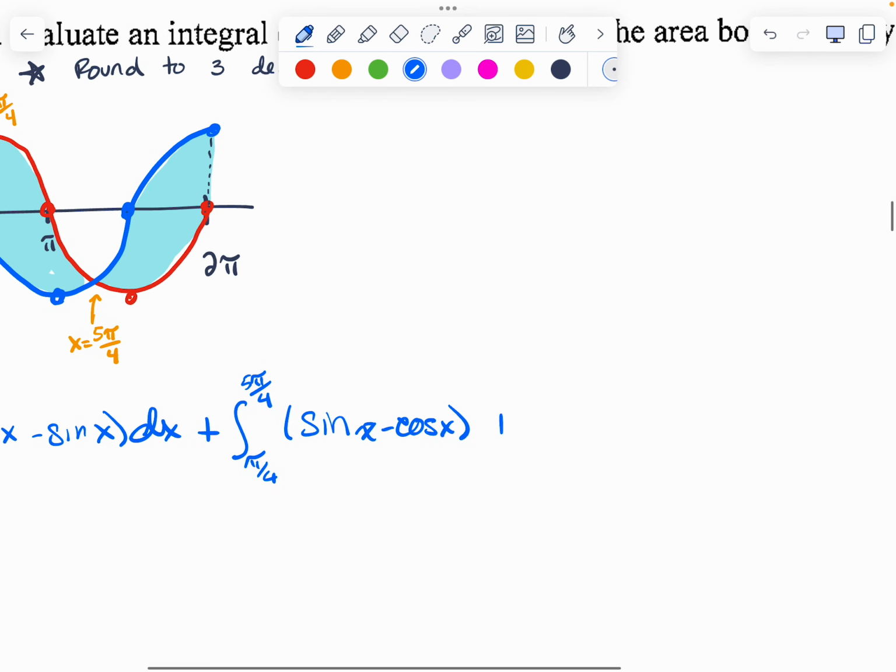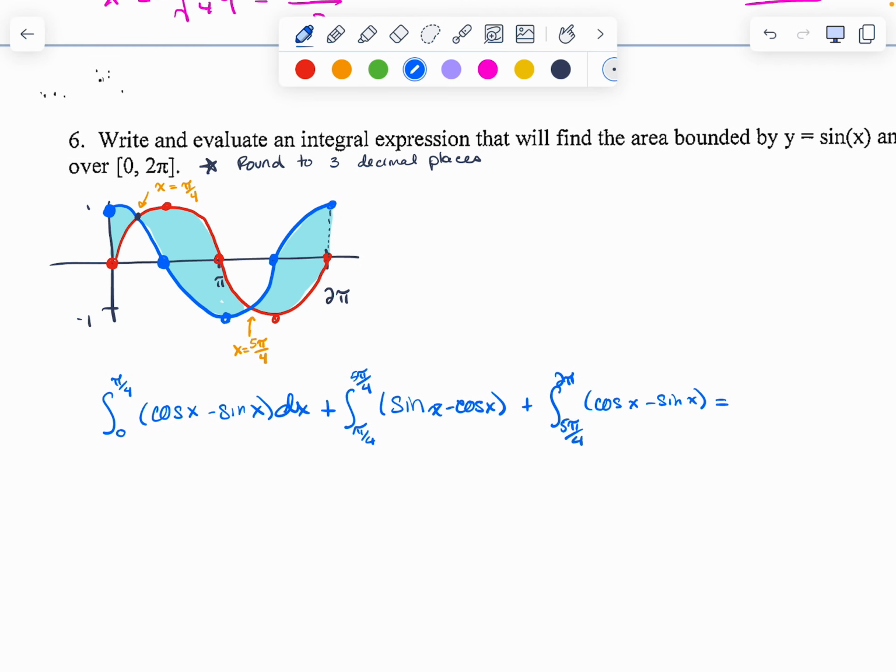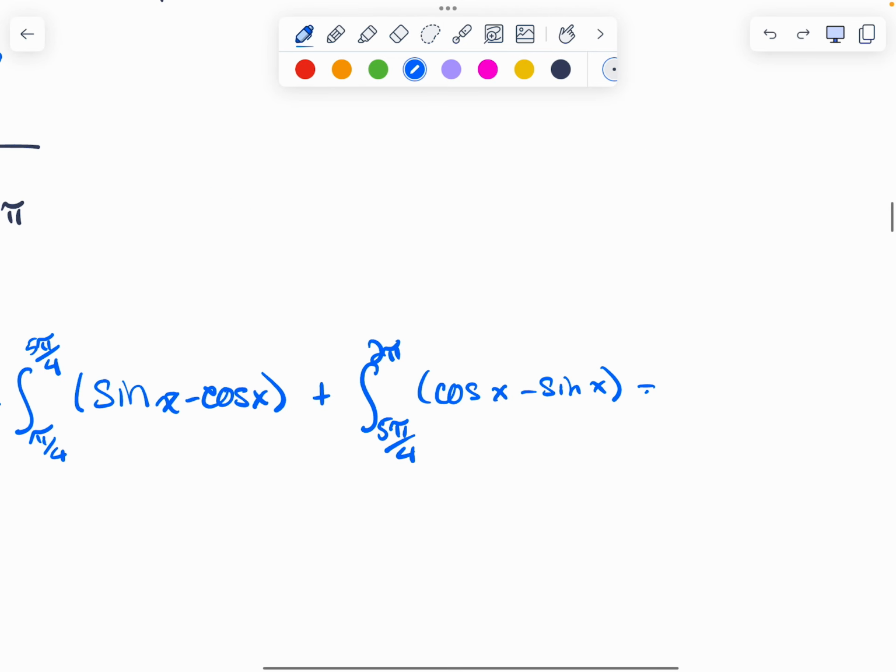And then my third area goes from 5 pi fourths to 2 pi. And this one I'm doing cosine of x minus sine of x. Oh, I forgot all my dx's. Oh, heavens.